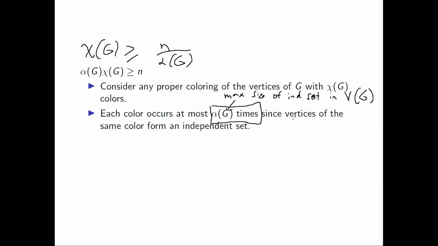And again, that's because any set of vertices of the same color form an independent set. And the largest that an independent set can be is the independence number.